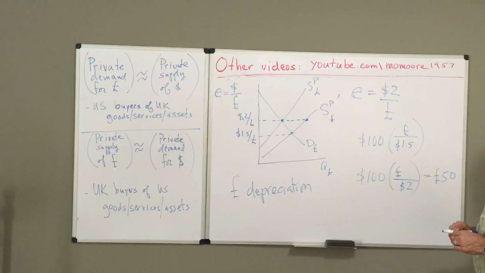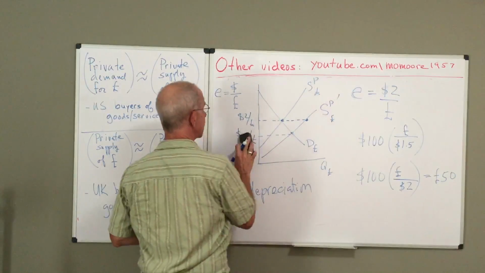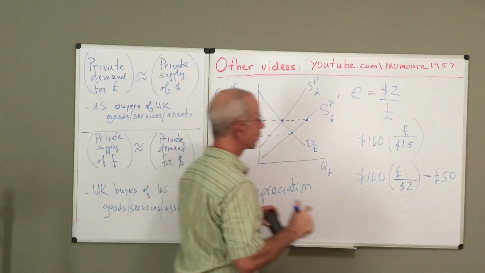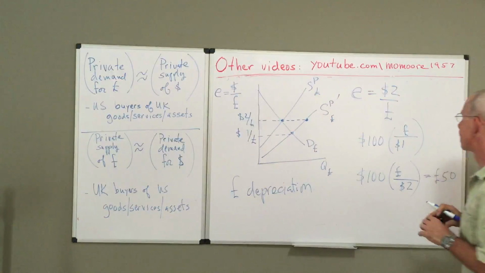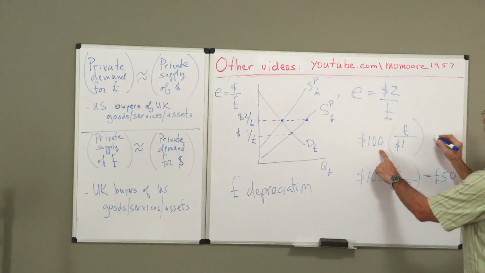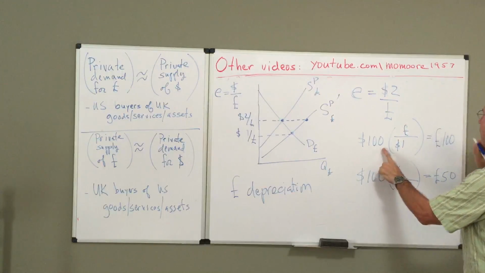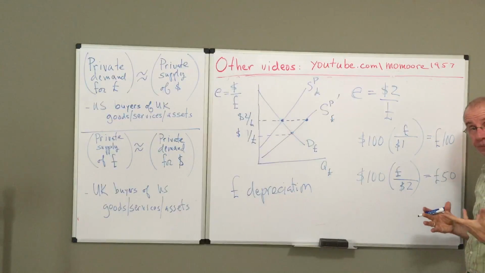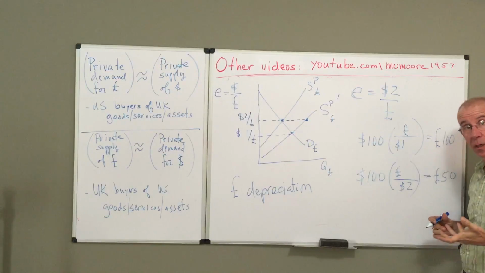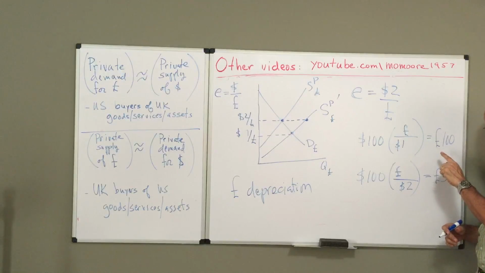So, actually let's make this even simpler. Let's say that this dropped to $1 per pound. Okay, still a pound depreciation. Now, for this same good, for this same $100 import, it's going to cost twice as much.